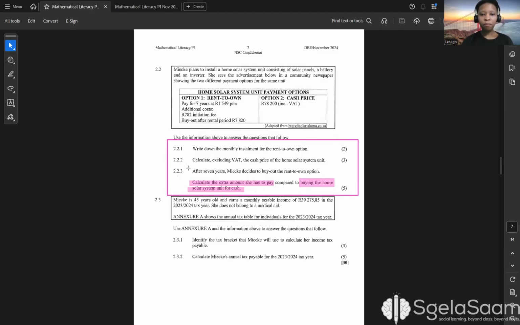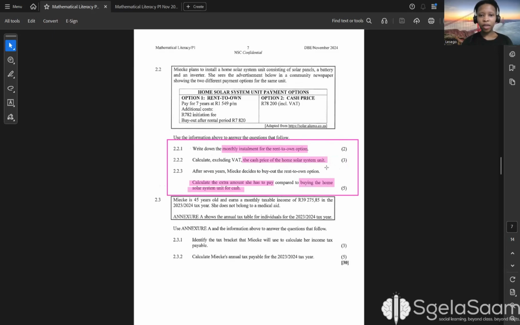Okay, so these are very big questions. So the first one says write down the monthly installment for the rent to own option. So you need to write it down. And the keyword here is calculate. What are you calculating? Excluding VAT, you have to calculate the cash price of the home solar system unit.